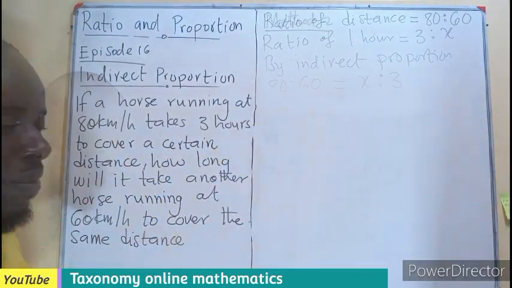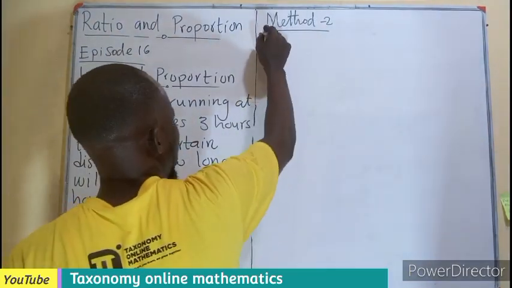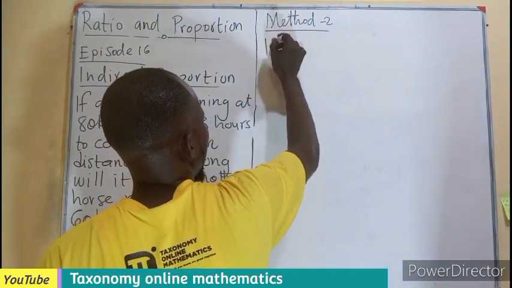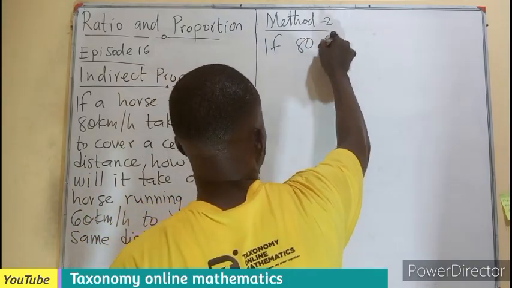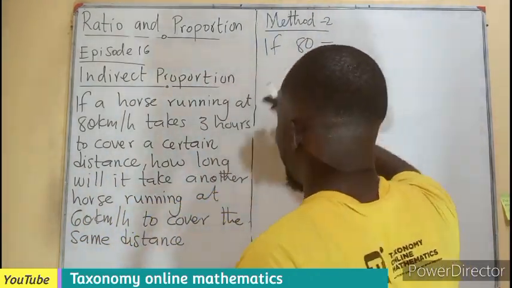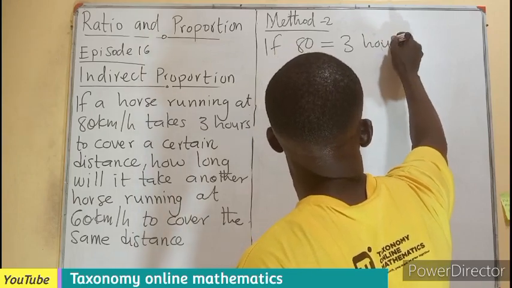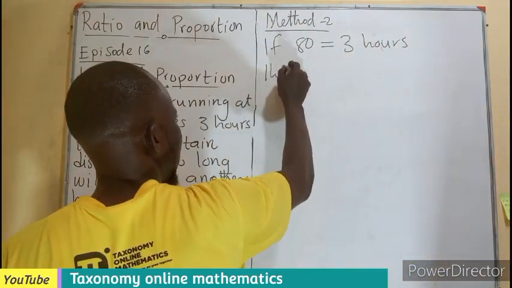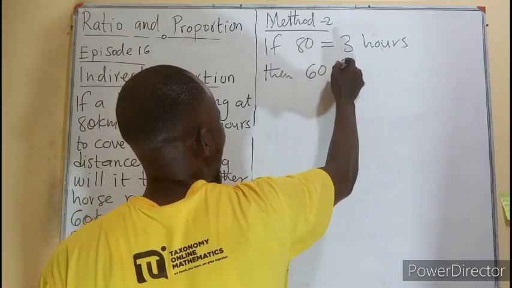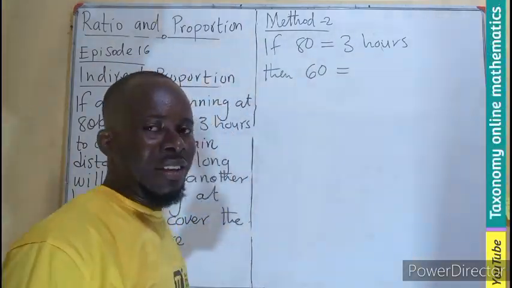So let's take the second method, which says that if an 80 kilometers per hour journey is covered in 3 hours, then a 60 kilometers per hour journey will take more or less.